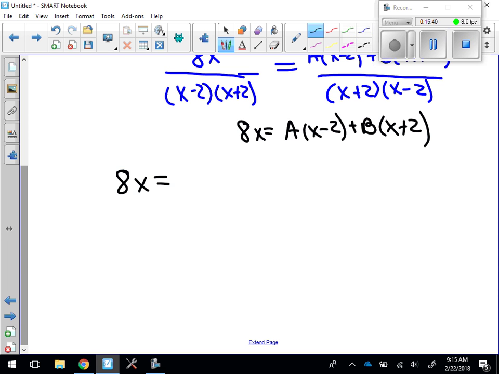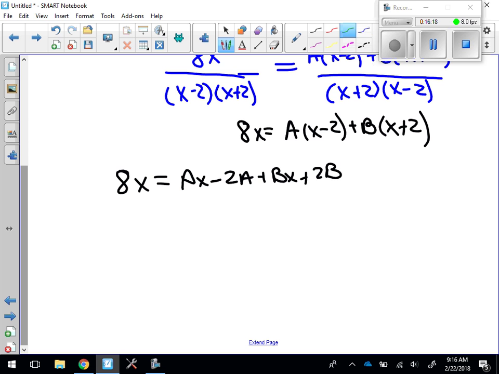And then I'm going to do the algebra. So this is going to give me ax minus 2a plus bx plus 2b. And if these two sides of the equation are equal, which they are because there's an equal sign and that's what it means.